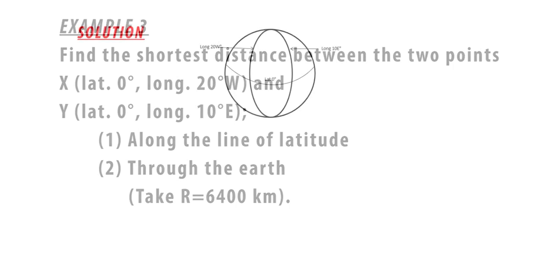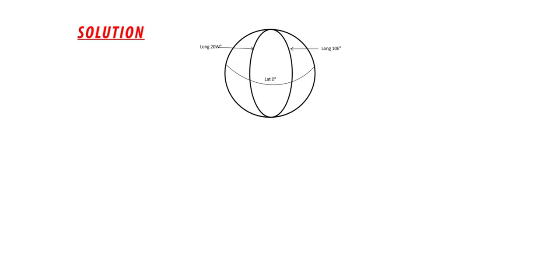The solution. You first draw your diagram and locate the points. Now the 2 points X and Y have a common latitude, which is 0 degrees, and that's the equator. Therefore, the distance between them is on that circle, which is a great circle.